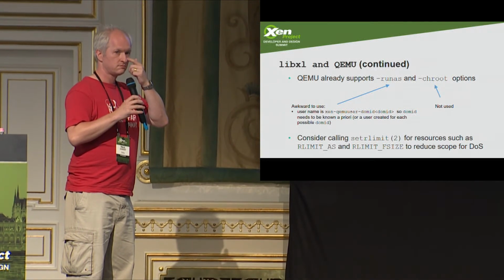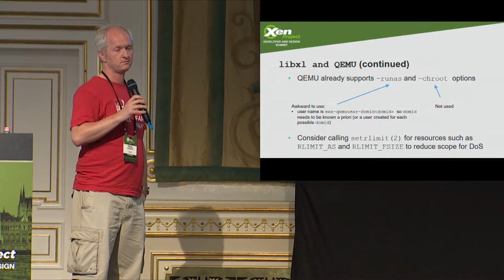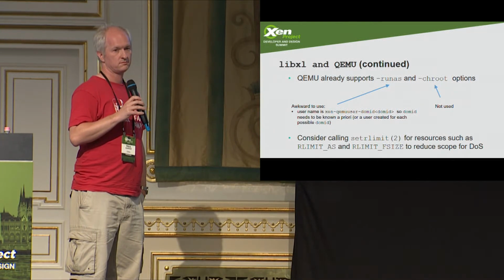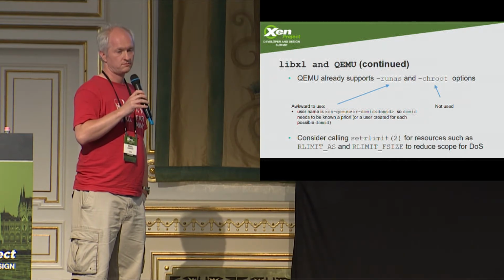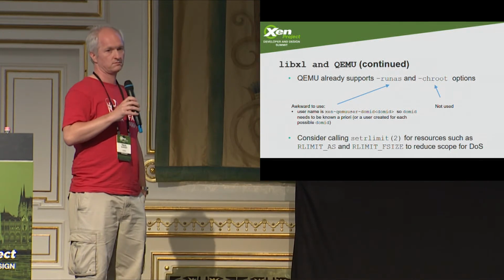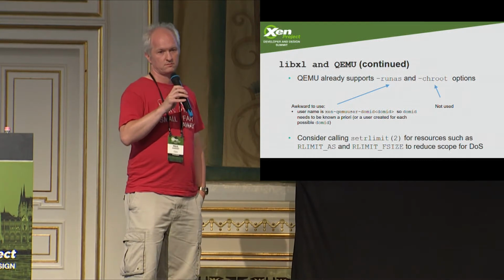If you have a 32-bit UID and the DOMIDs are 16 bits, there's plenty of space there. You don't have to create a password file entry for it. You can just run it as a computed UID. That seems like a good solution. I have some unreleased libxl patch series that does that. I don't think we want that in QEMU, but you could do that in the toolstack.